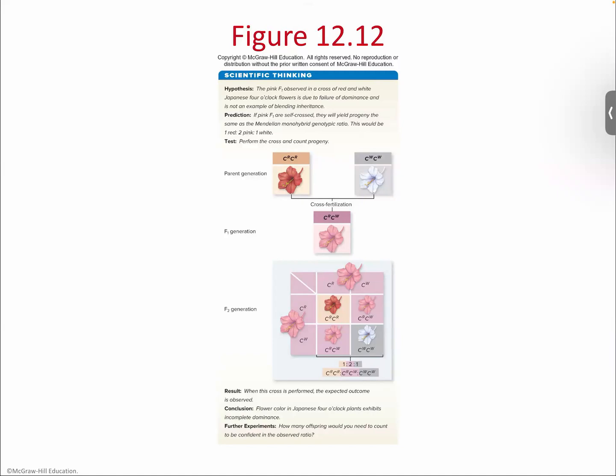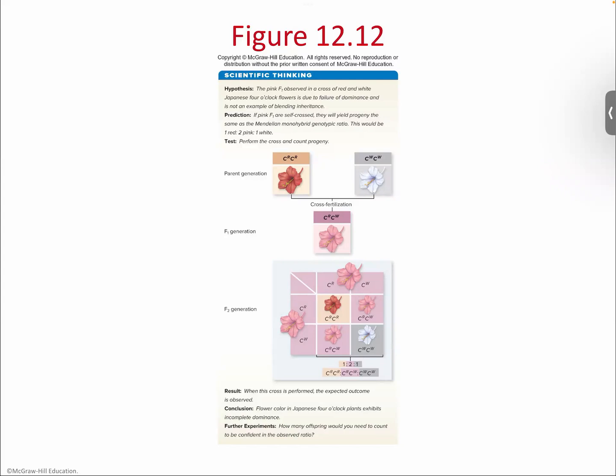The reason you have different notation systems is because you're trying to organize the information you have, and each organism is slightly different, so you need a slightly different organizational system to keep track of things.